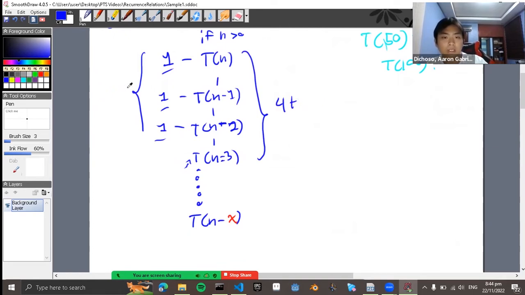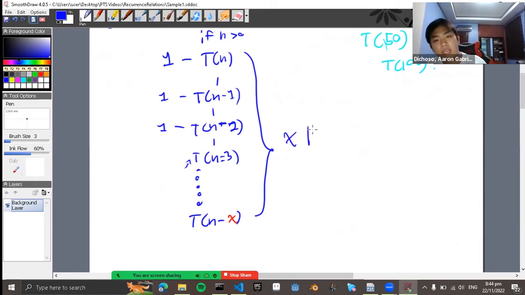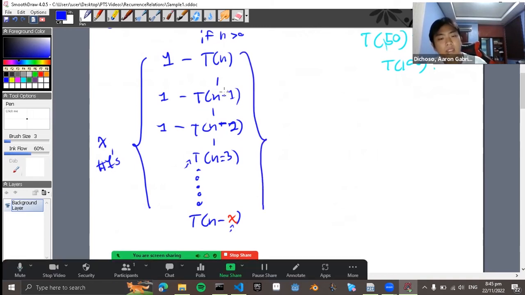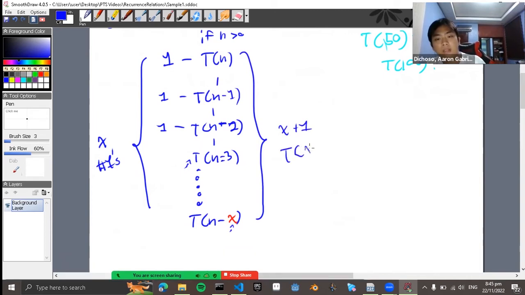So for the whole function, let's say it looped x amount of times. If we say that it looped x amount of times, we would get x amount of ones here, right? That means we have x plus 1 t of n's, parang ganon.